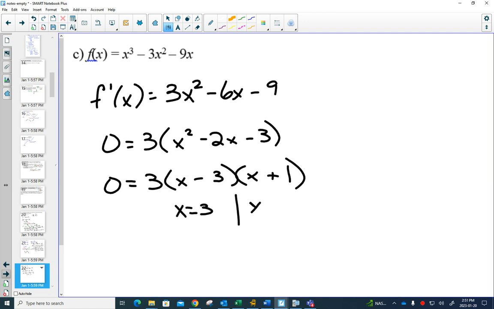And we get 2 critical points. So on our number line, with the derivative, you would have -1 and 3.